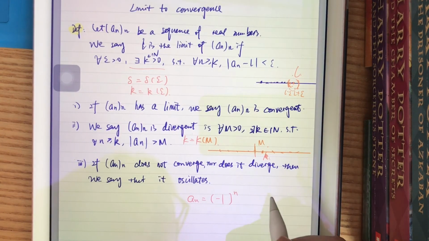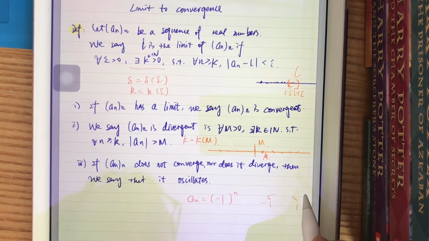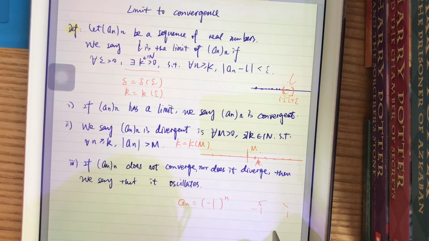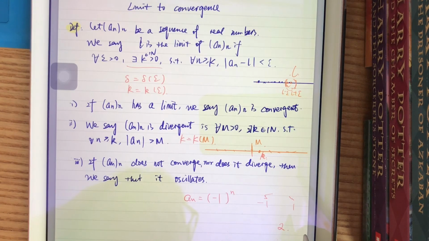Then it jumps between -1 and 1, so it's not getting closer and closer to any point. And if you choose M equal to 2, you can't find such a k such that the terms are all larger than 2. So it's neither divergent nor convergent, and it oscillates.